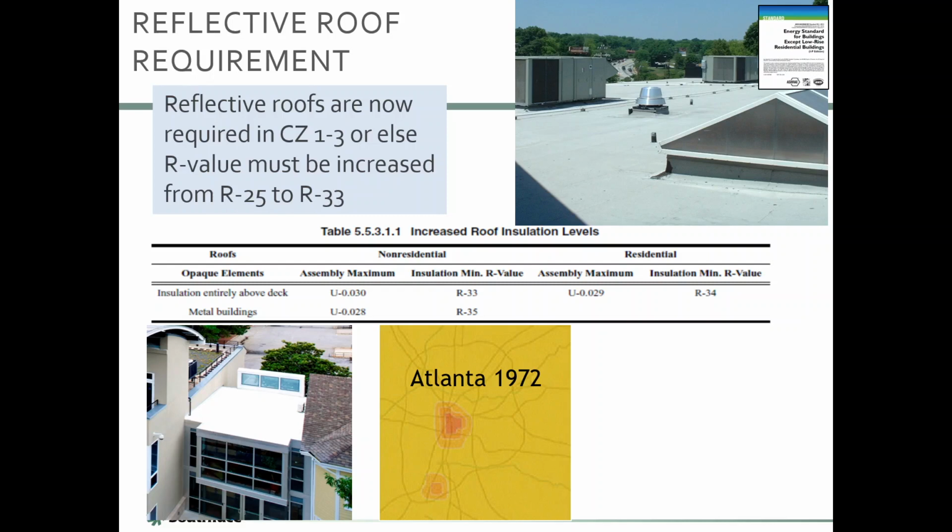Often we put packaged equipment up on a building, and this unit is trying to dump heat to the outdoors on a hot day, and if this is a dark roof, the roof temperature could be 150 plus degrees. It's a lot easier to dump heat to the air, which is probably 100 degrees on a hot day. So that's much more efficient.